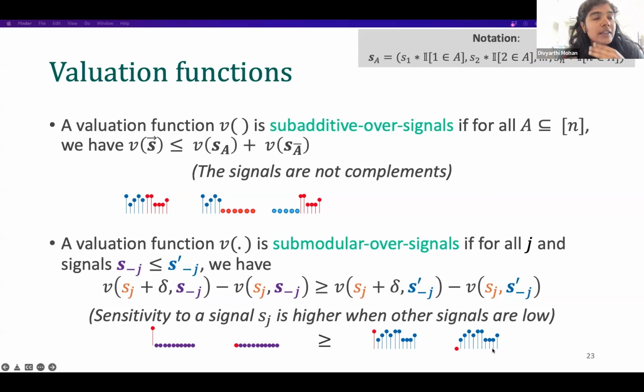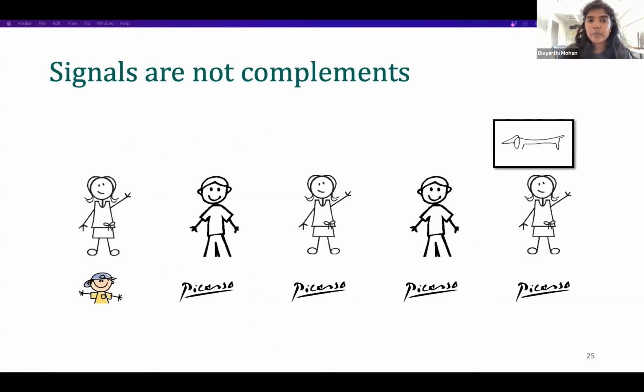Okay, under these 2 notions, we have good approximation guarantees, and they're really nice settings that are natural, that fall under these notions, right? For example, even if we go back to our Picasso example, if everybody else already has told me that this is a Picasso, and Kira comes and says that, oh, this is not a kid's drawing, but it's a Picasso, my change in value is not going to be very high, right?